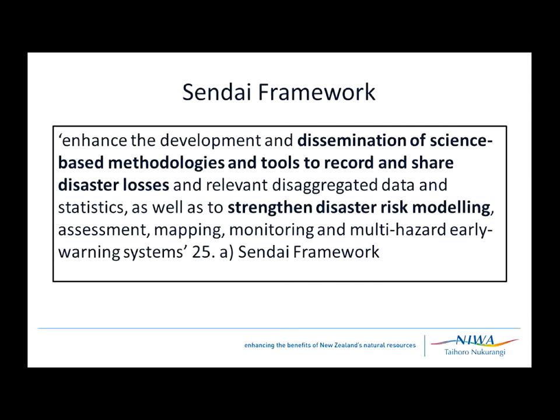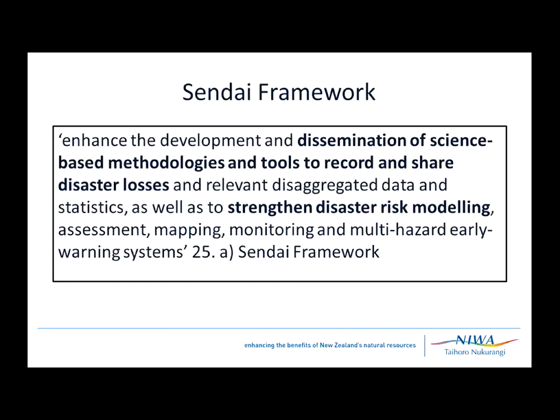But I've just put a bit of it up here, and this is what it relates to the risk modelling tools. So the Sendai framework encourages us to enhance the development and dissemination of science-based methodologies and tools to record and share disaster losses, and to strengthen disaster risk modelling, assessment, mapping, monitoring, multi-hazard early warning systems. So already you can see from the language that this is one of those things where it's sort of everything for everyone.